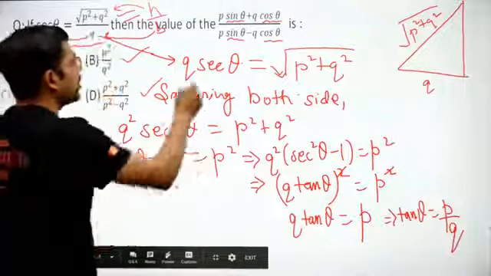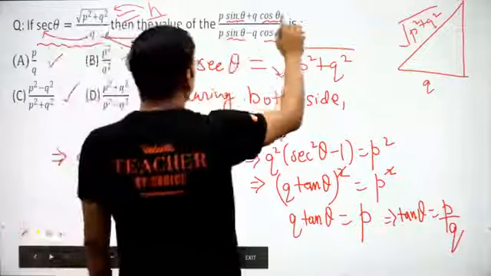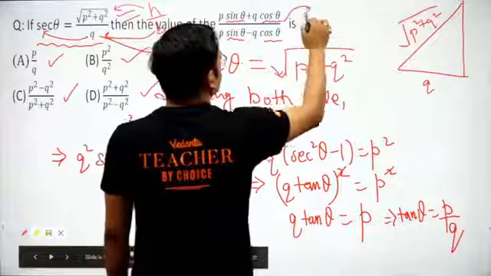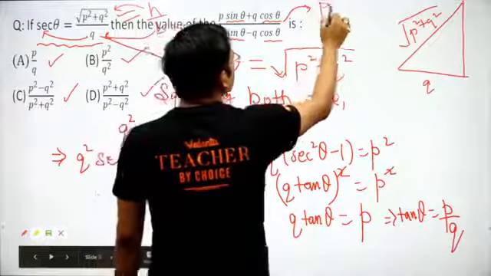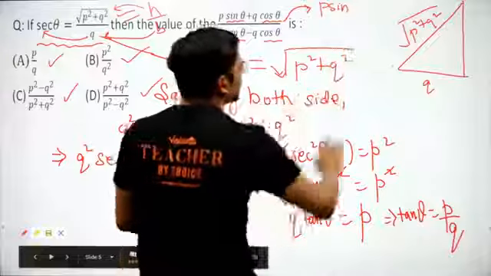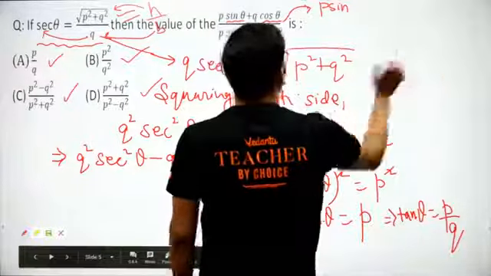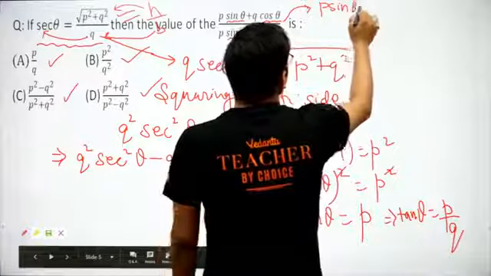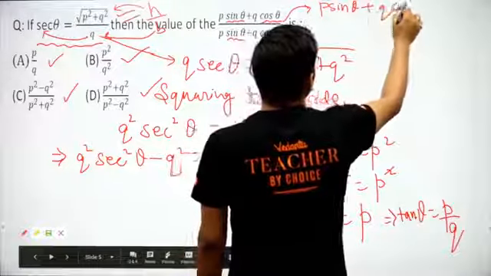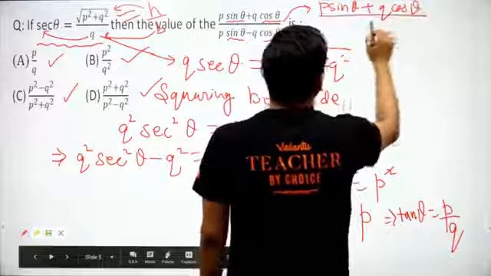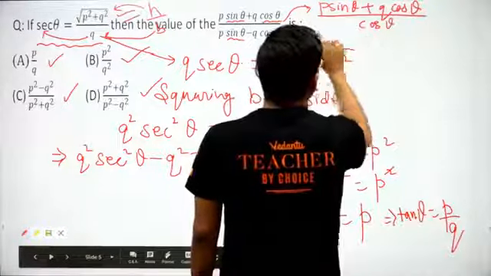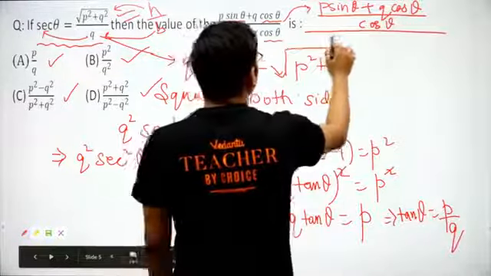Okay, now we have been given this. What we can do in this equation, I'll tell you. This is p sine theta plus q cos theta over p sine theta minus q cos theta. I can simply divide the numerator by cos theta and thereafter I can divide the denominator also by cos theta.